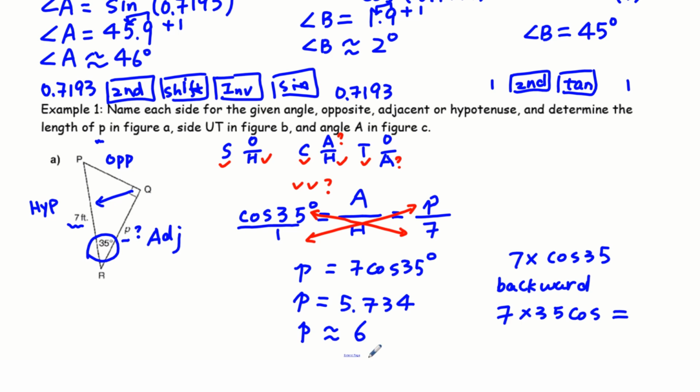Then it's done, 6 feet. The question will tell you how many decimal places you need to keep. Most of the time, I want you to keep 2 decimal places, so we could round it to 5.73. The next digit after the second digit is 4, less than 5, so it will be rounded off. So 5.73 feet.